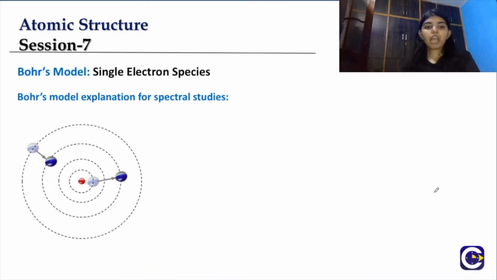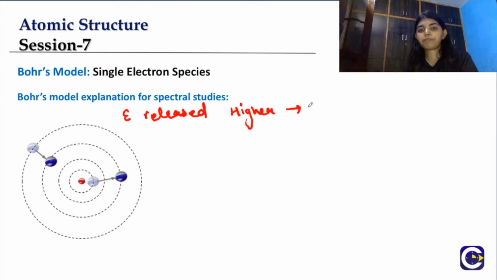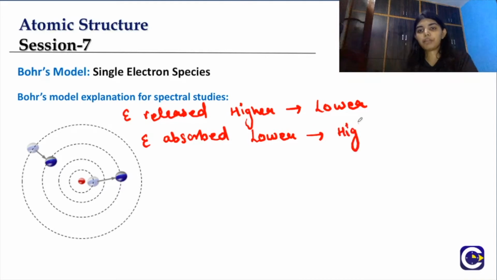Okay. Now moving on to Bohr's model explanation for spectral studies. Here, if you see, Bohr explained that energy will be released when the electron comes from a higher orbit to a lower orbit, and energy will be absorbed when the electron moves from a lower orbit to a higher orbit.